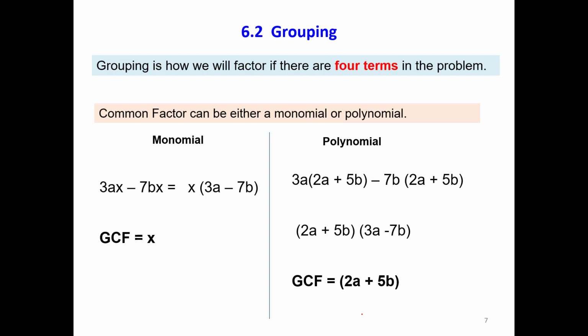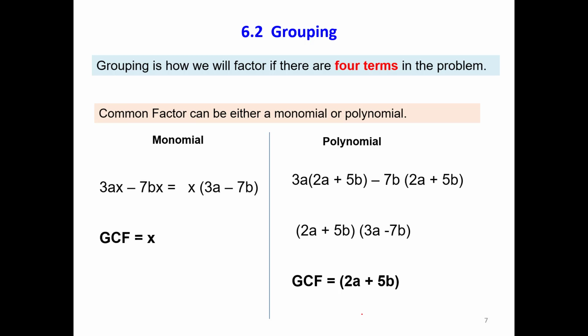It can be 2, 3, 4, 5, 6, 7, any number of terms. But in case of grouping, we usually use this method if we have 4 terms in the polynomial.